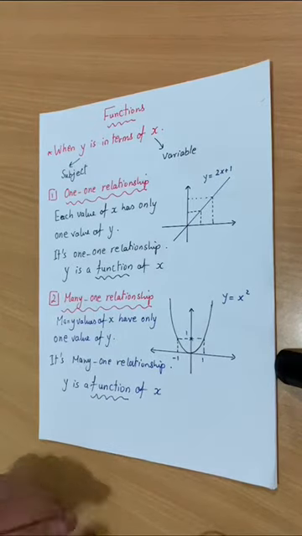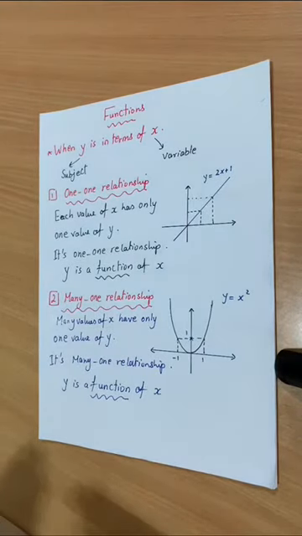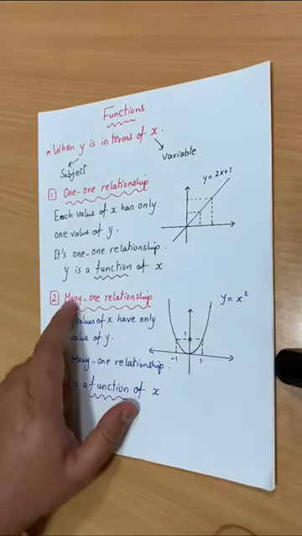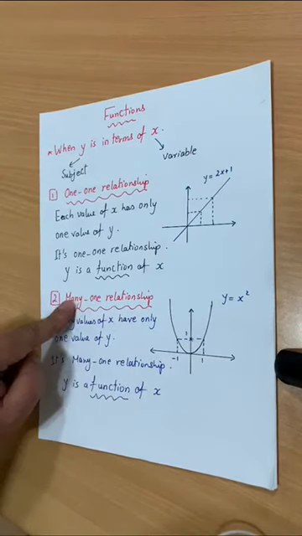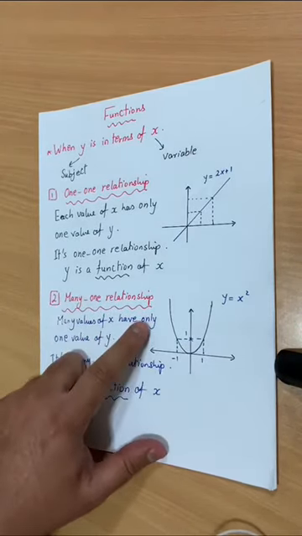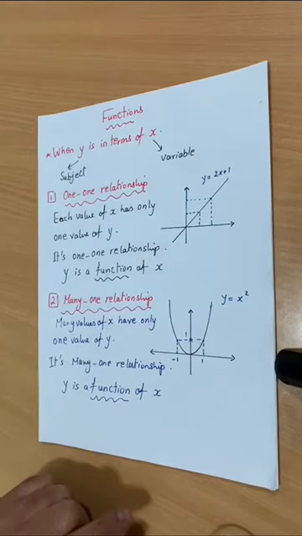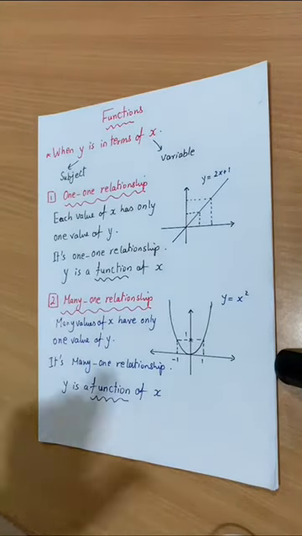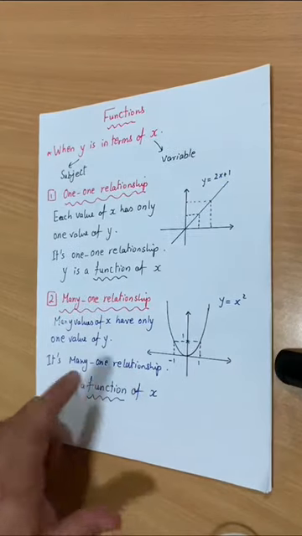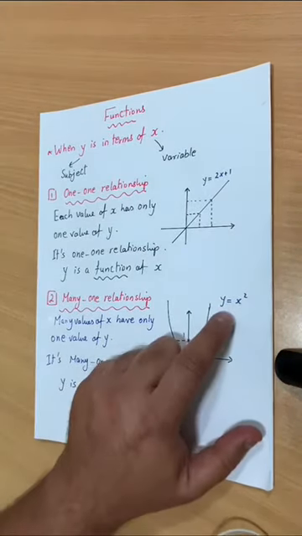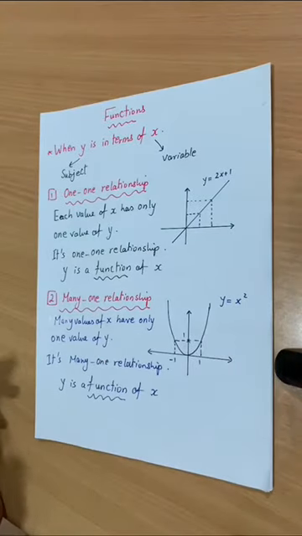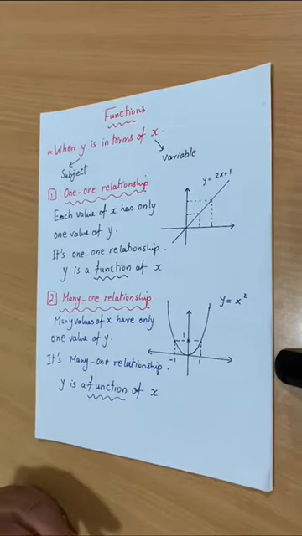What does that mean? Many values of x have only one value of y. We call that many to one relationship, and we call that y is a function of x. For example, y is equal to x squared, which is the parabola, the quadratic curve.